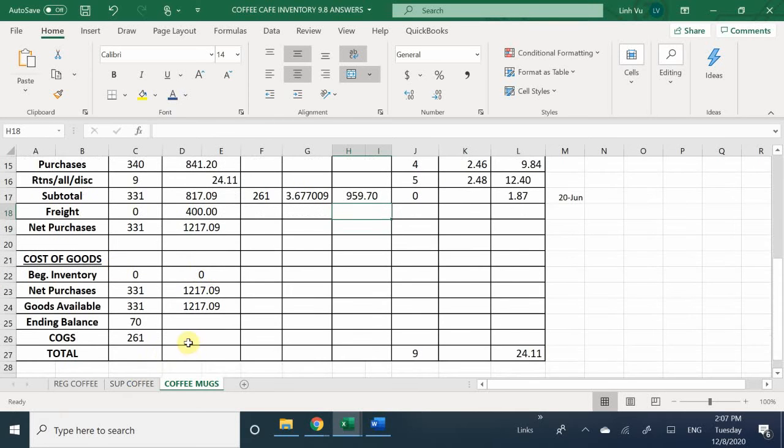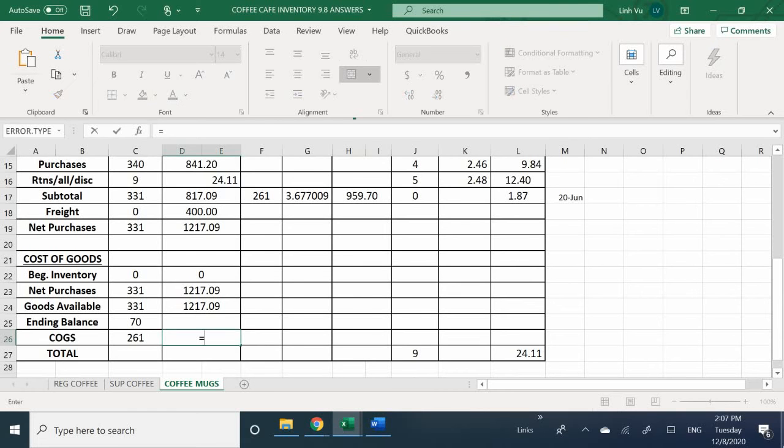Okay, so I'm actually going to copy that directly right in this box right here. So how am I going to solve for my ending inventory? Go equals, enter. You're going to take the 959 and subtract it from the 1217.09.